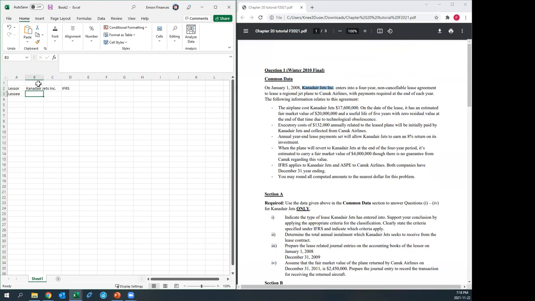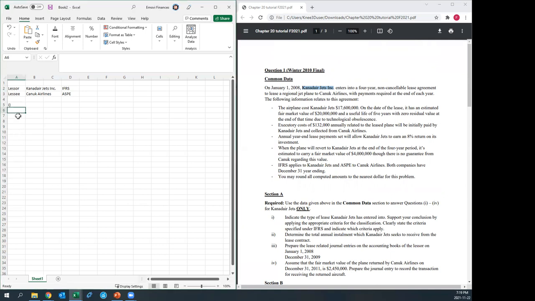For the lessee, it's Canuck Airlines, and they use ASPE. All right, so for 1, indicate the type of lease Canadair Jets has entered into. Support your conclusion by applying the appropriate criteria for the classification. Clearly state the criteria specified under IFRS and indicate which criteria applies.